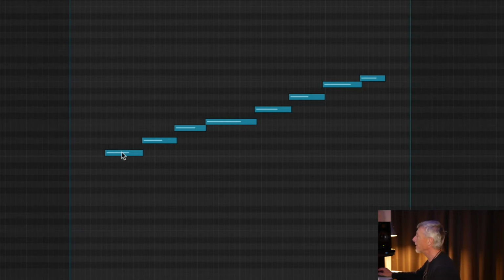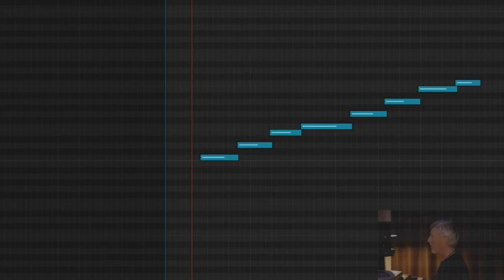What if there was a mirror image to that? In other words, what if I started on C and went down from there? Whole step, half step, whole step, whole step, whole step, half step.